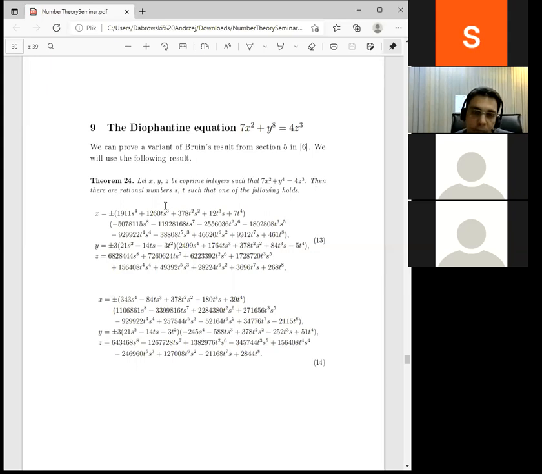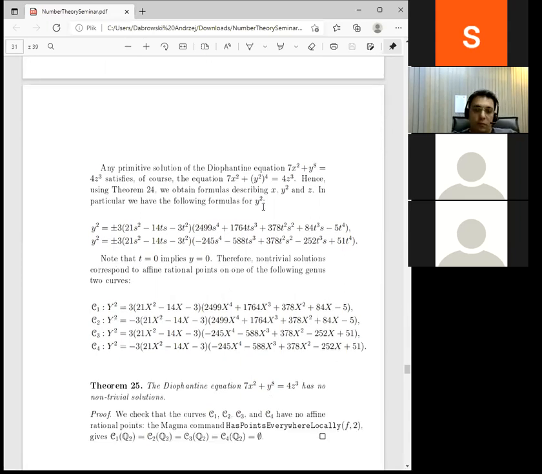So here x, y, and z are described in terms of two rational parameters c and t, and we'll use expressions for y or for y squared, because of the next page.